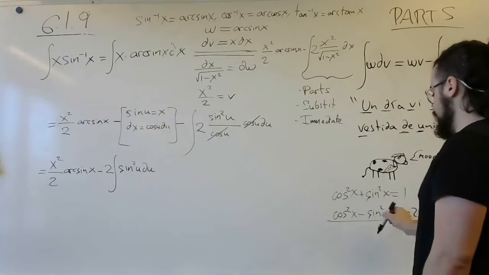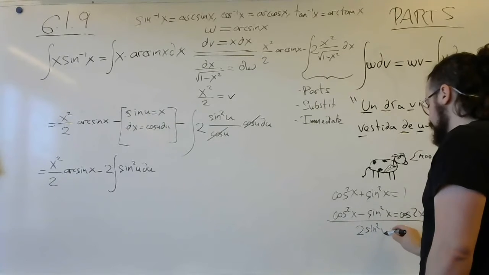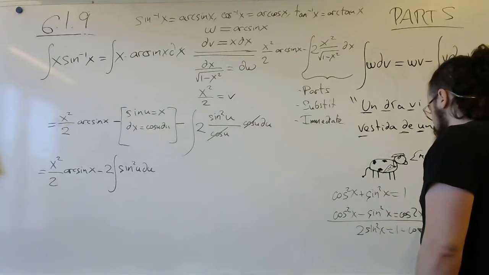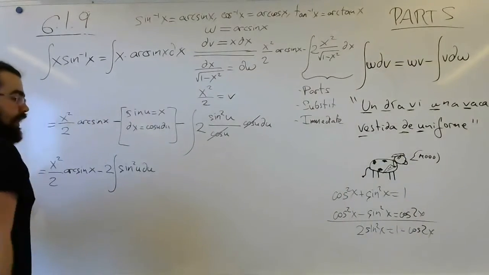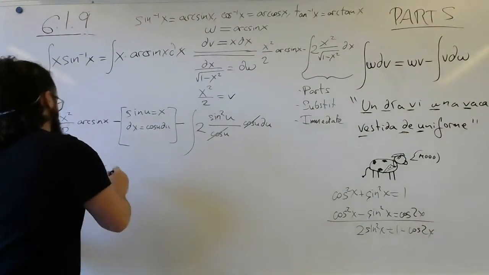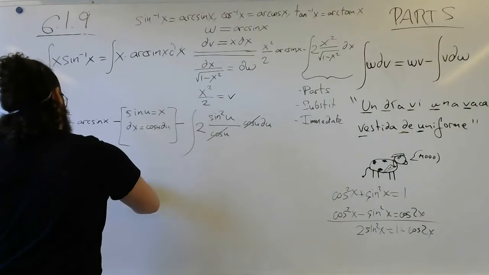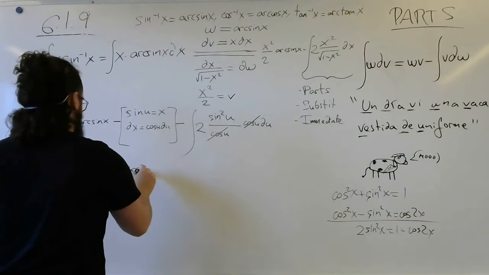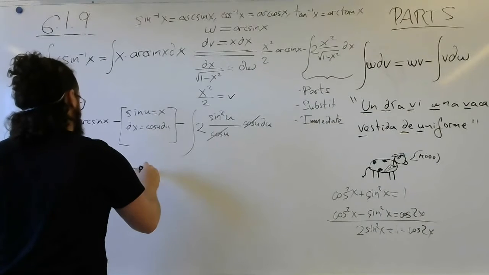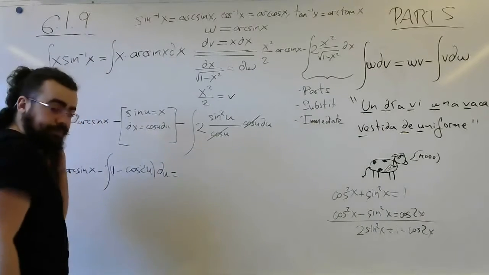If we do the difference, we have 2 sine squared of x is 1 minus cosine of the double angle. So this thing right here is the integral of 1 minus cosine of 2x, sorry, of 2u, differential of u.